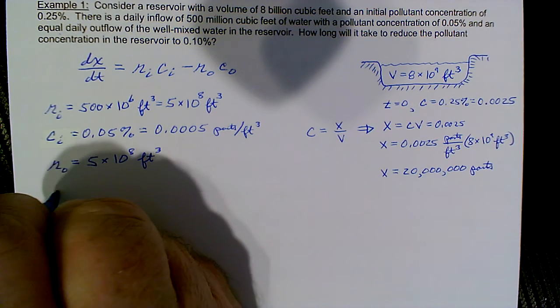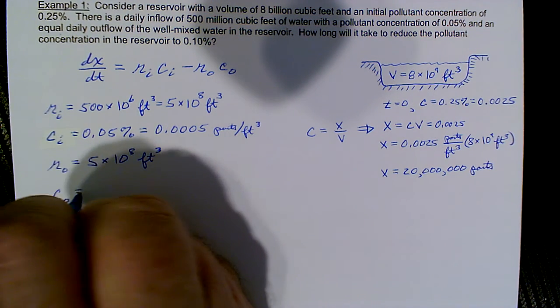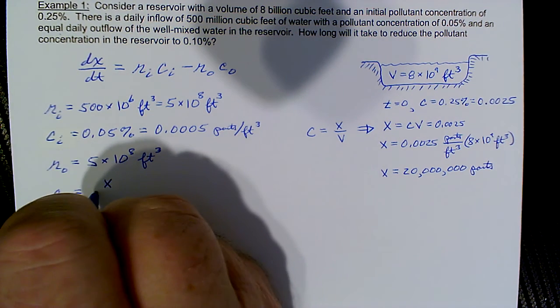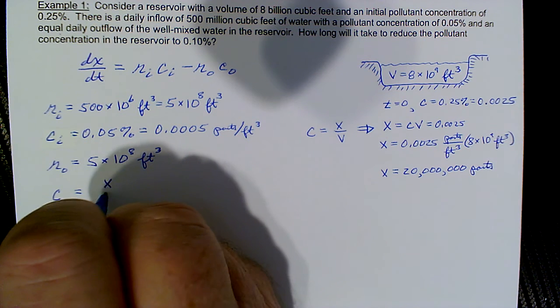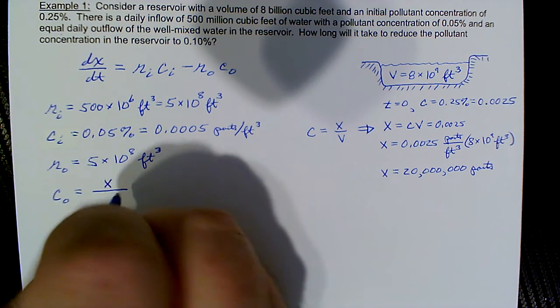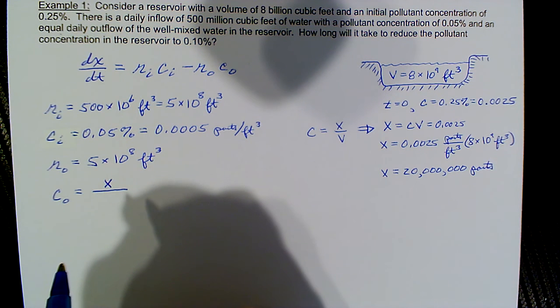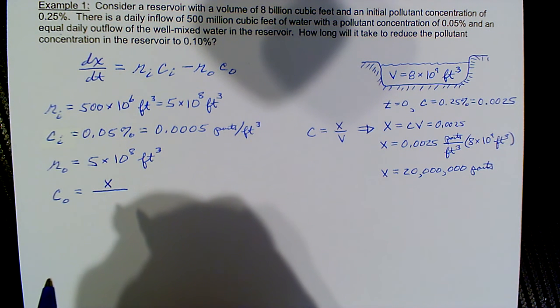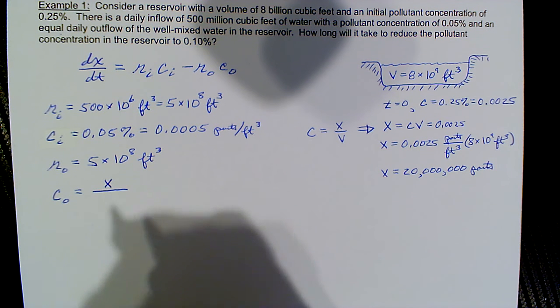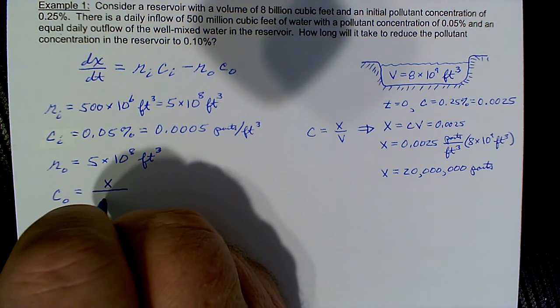And our concentration out, again, is the variable. That's going to be the amount x at any time, which also changes, over the volume at any time, which could be constant.